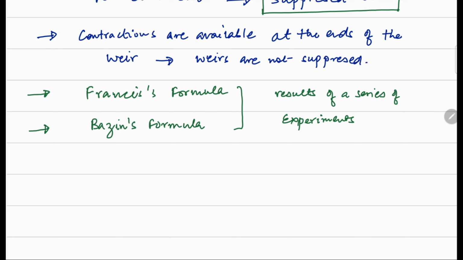What usually happens whenever problems are very complex and we are not able to find the exact equation is that we do some kind of experiment, and from the experiment we find our results, or you can say the observations.